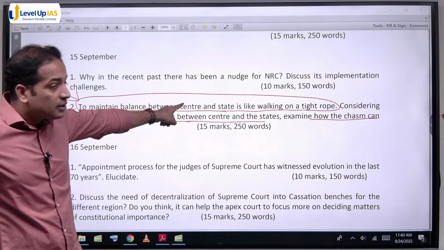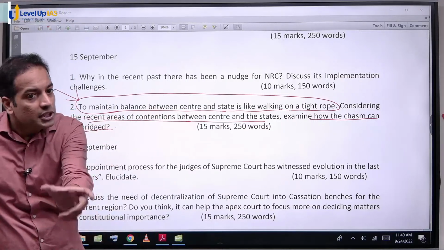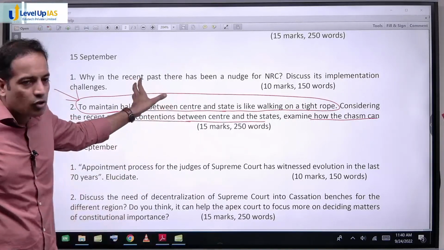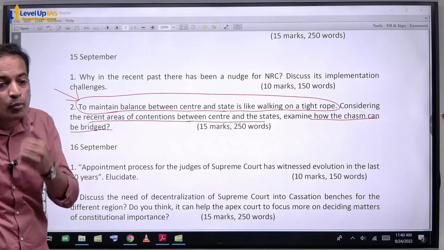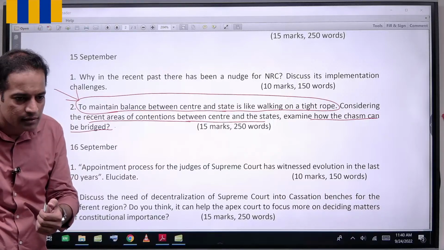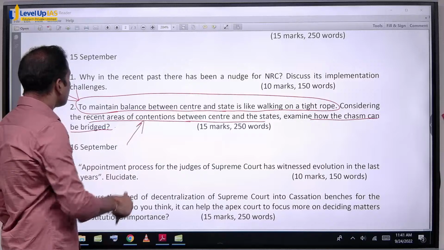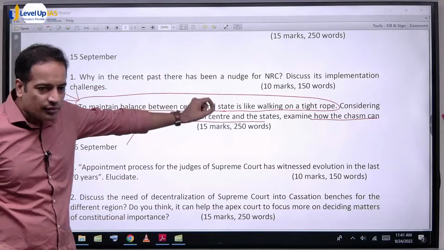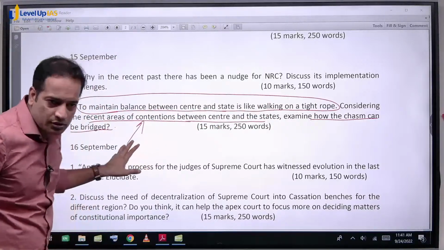First part will be the statement, you have to substantiate it, and generally the first statement, which is just any common statement, you will always have enough points to substantiate that. और उसके बाद फिर क्या, what will be the second part, recent areas of contention, and third would be suggestions.